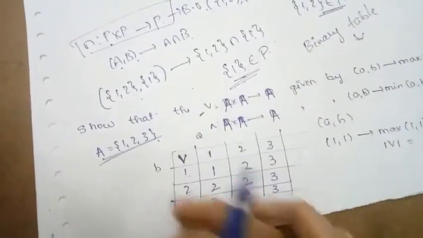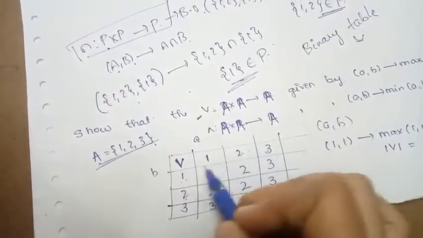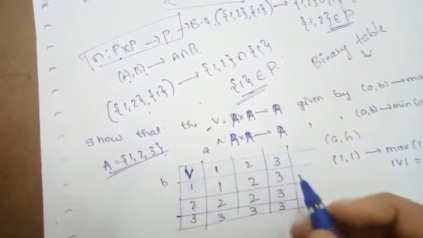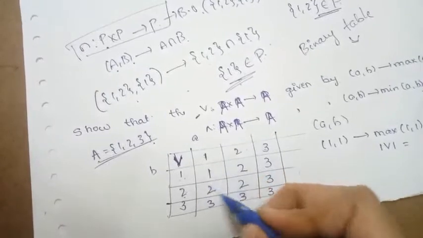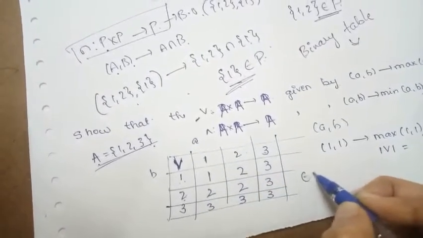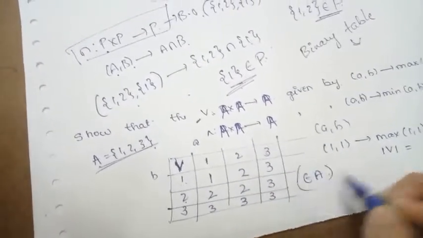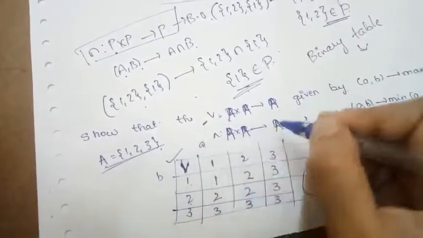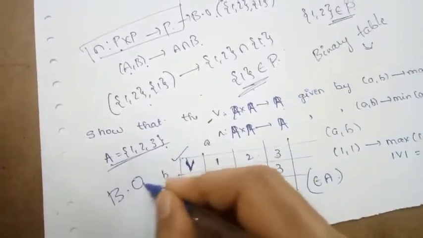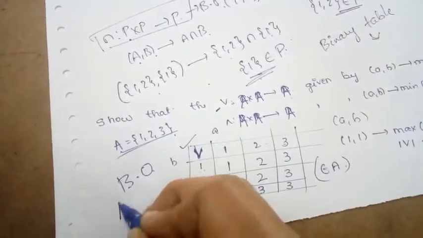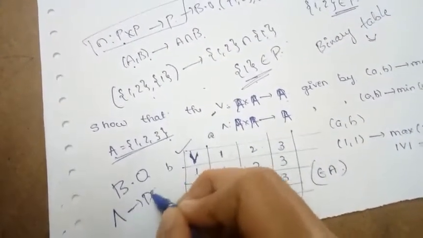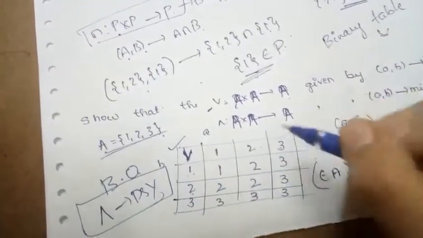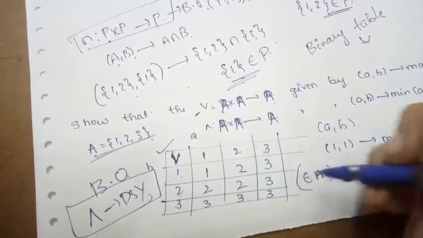Now you can see that whatever elements I have got by using this operation V, all these elements belong to the set A. So clearly V from A cross A to A is a binary operation. Similarly, you can do it for wedge. This one is for you to do by yourself through the binary operation table.